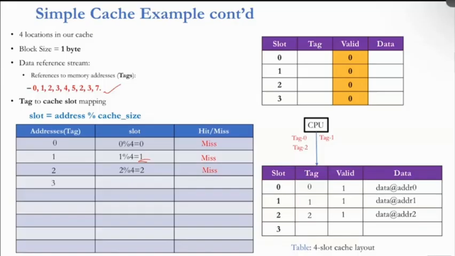Then for the third block, slot 3 is assigned. For cache line identification, it goes to the third slot, compares the tag, and there is a cache miss. Then this continues similarly to the previous three operations.